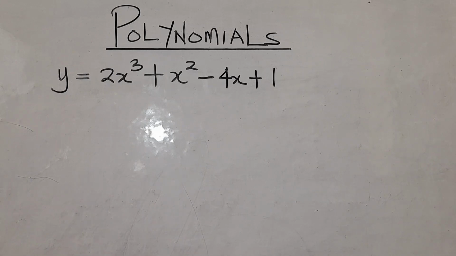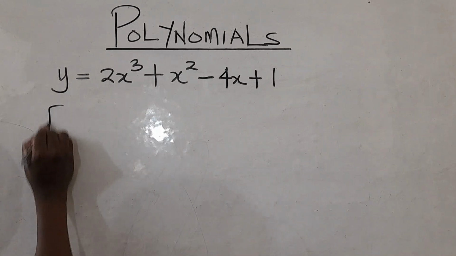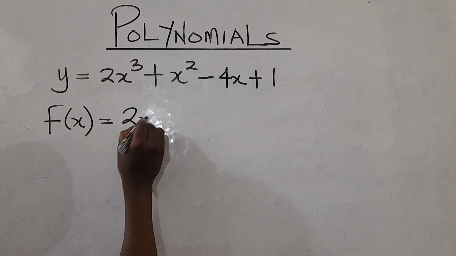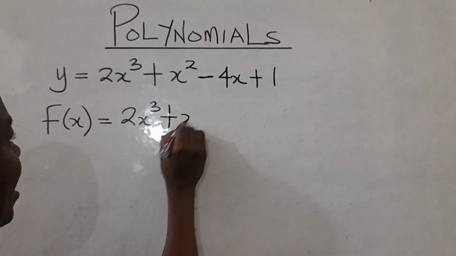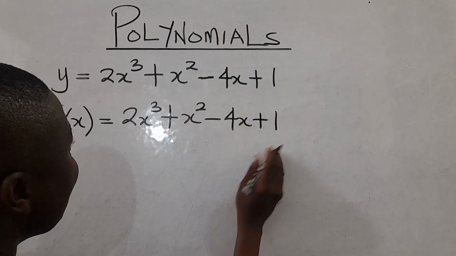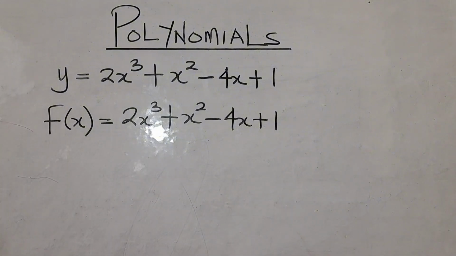We can also put it as a function f of x equals 2x cubed plus x squared minus 4x plus 1, where y represents the function f of x.